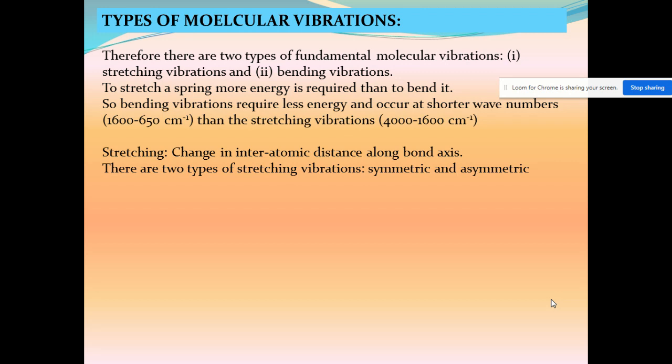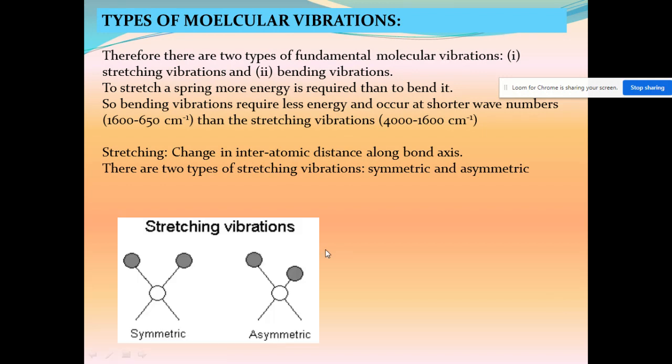Now, what is stretching? Stretching is nothing but the change in interatomic distance along bond axis. There are two types of stretching vibrations, symmetric and asymmetric. This is symmetric stretching vibration.